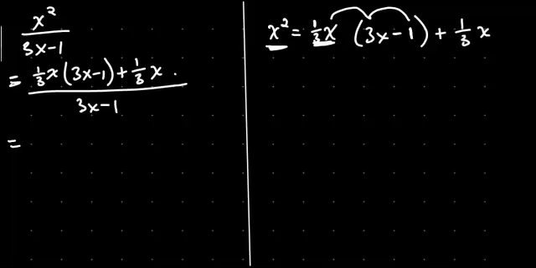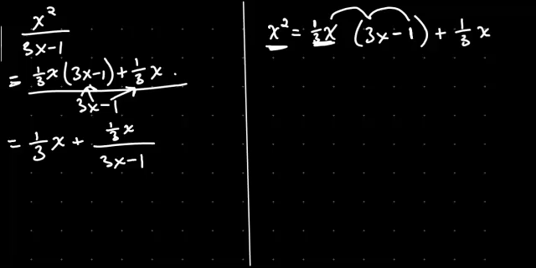We see the 3x minus 1's cancel when I divide into that first term, and I get 1/3 x, or x over 3 would be fine as well, plus 1/3 x over 3x minus 1. When I divide into that term, the 3x minus 1's cancel, and it's still underneath the 1/3 x.